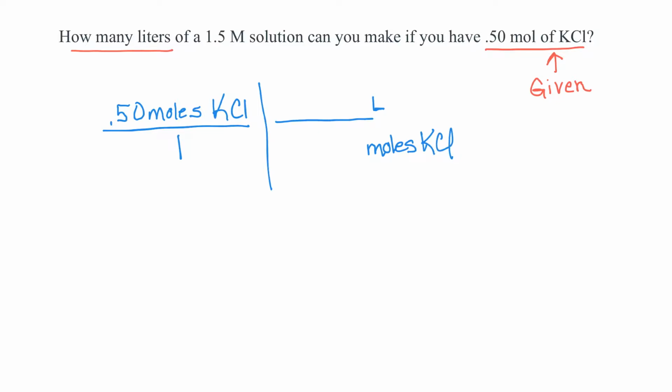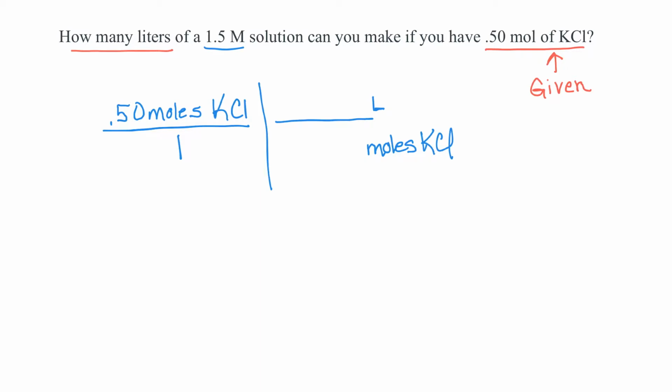And conversion factors, if you remember the factor label method, are just equalities, right? And we know that we're looking for a 1.5 molar solution. A molar solution is 1.5 moles per liter, right? That's what molarity is. Molarity is moles per liter.